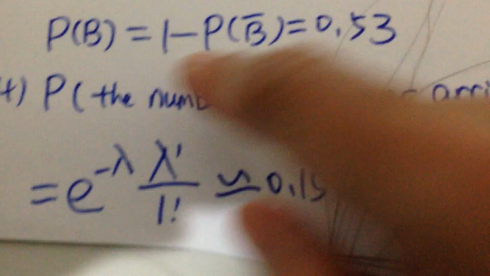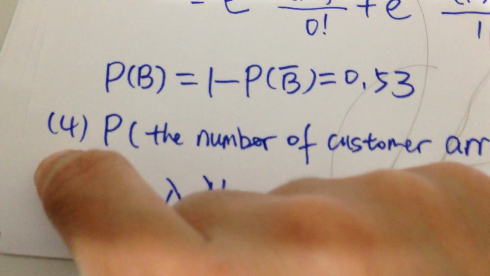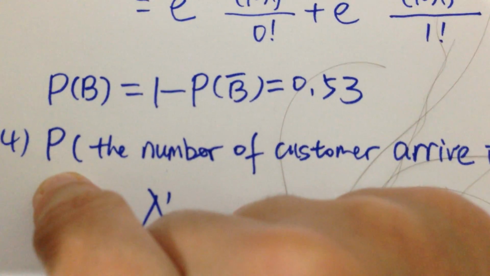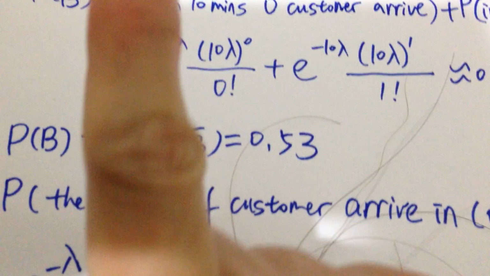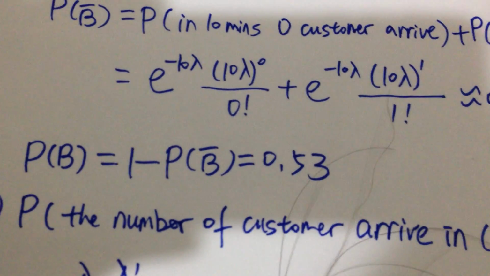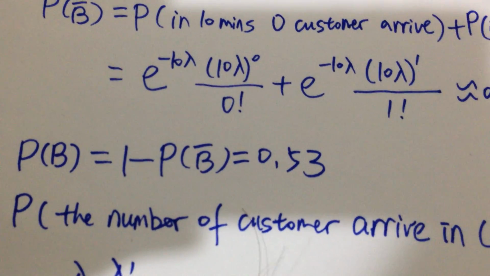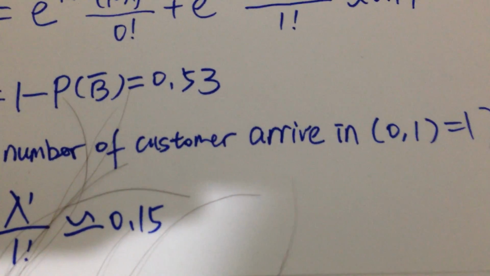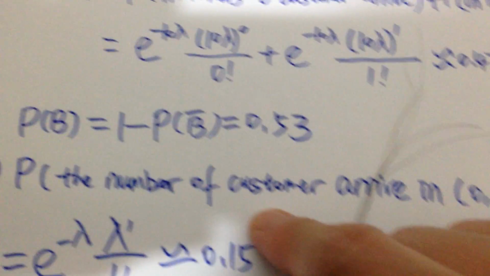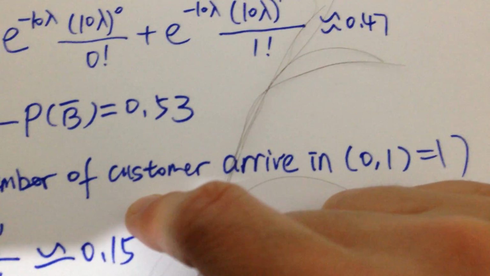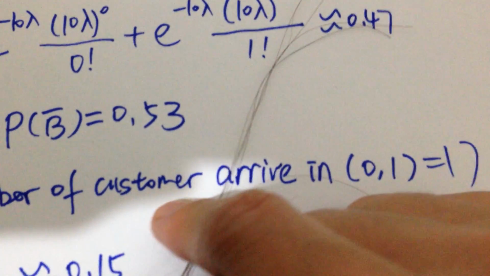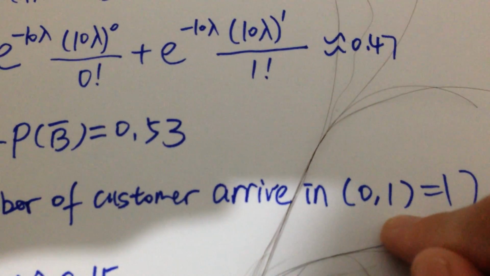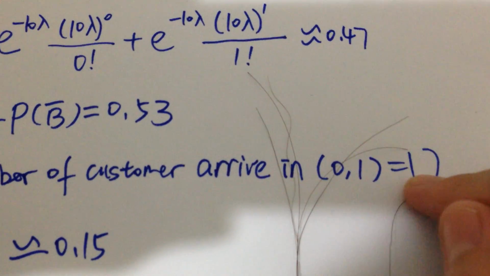And for the last question, let's look at question 4. We need to find the probability that in 1 minute, exactly 1 customer arrives. That should equal the probability that the number of customers arriving between 0 and 1 equals 1.